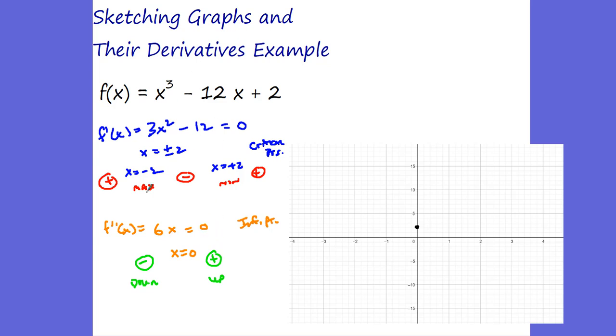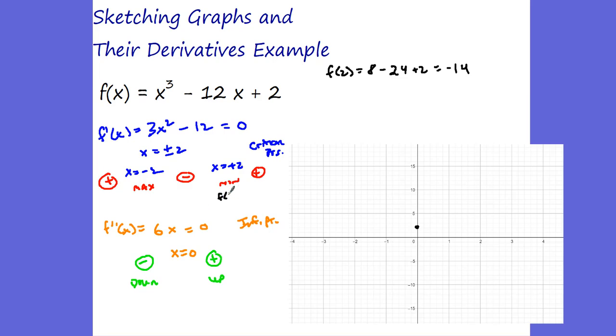Okay? A lot of people like to take this negative 2 and this positive 2 and plug them into my original function. If you plug these in, it gives you some points. If I plug in f of 2, I get 2 to the third power is 8 minus 24 plus 2. And when I do that, I get negative 14. That's my minimum value.